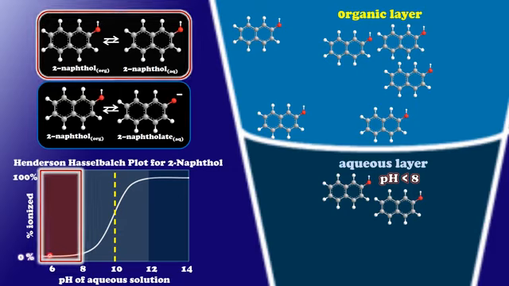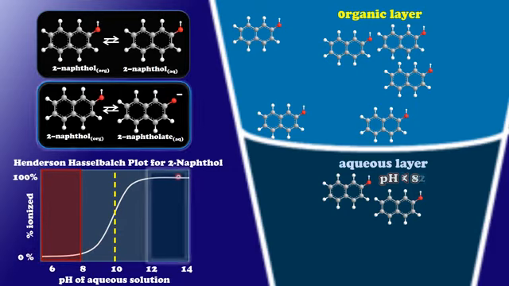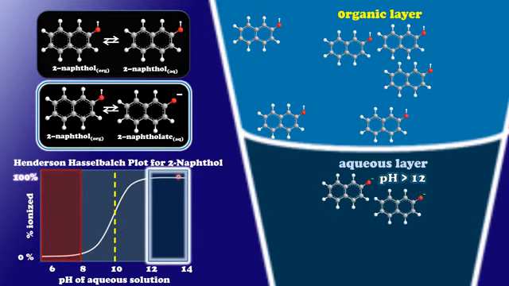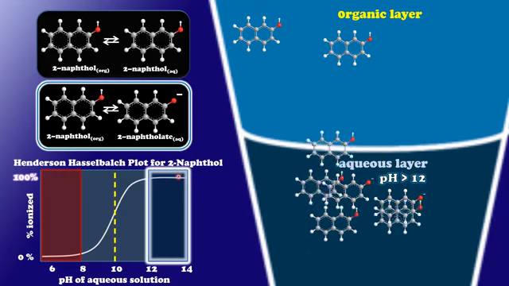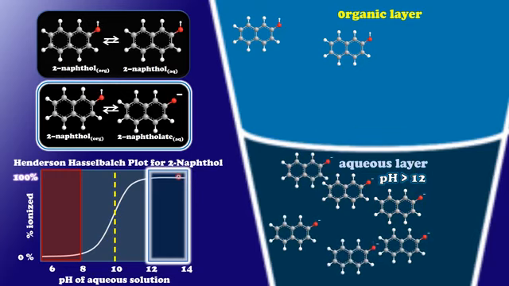But as I change the pH of the aqueous layer, again moving up to something like 12, 13, or 14, now I'm dealing with dissolved naphthalate, whose concentration is much greater, and therefore I expect more of the naphthol to partition into the aqueous layer. So I can alter the pH of my aqueous layer as a means of directing my naphthol from one phase to the other, depending upon my needs.